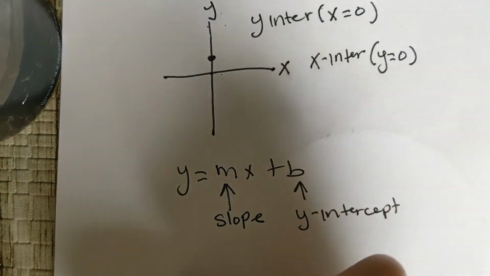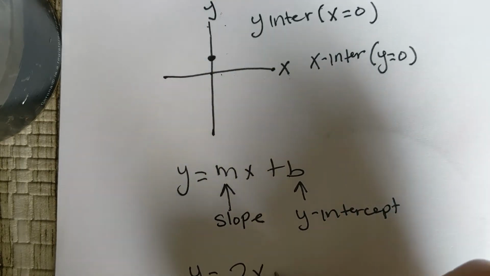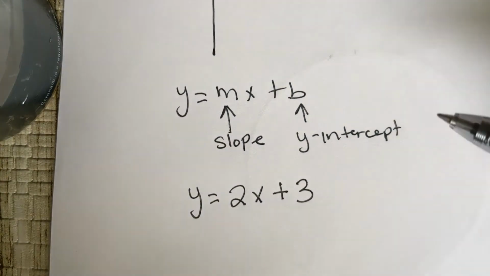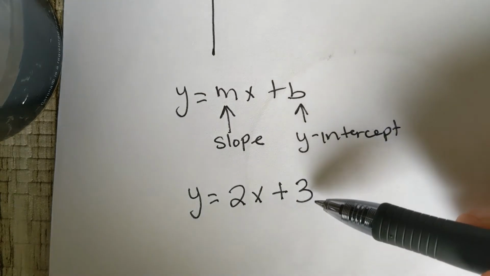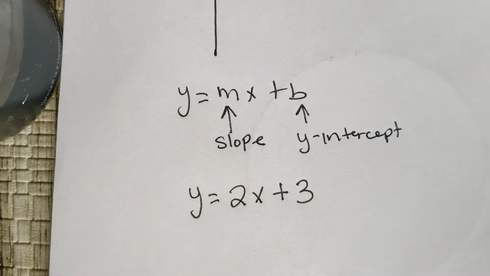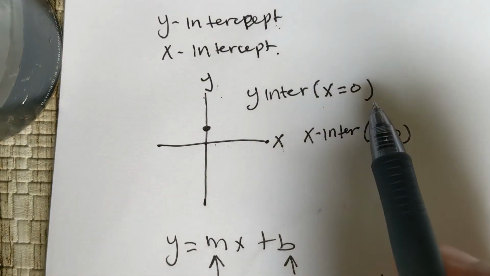Okay, so let's pretend we have the equation y is equal to 2x plus 3. Okay. So again, we know that b is the y-intercept, so our y-intercept is 3. But let's say we didn't know, okay? So, to find the y-intercept, we need to make x equal 0.